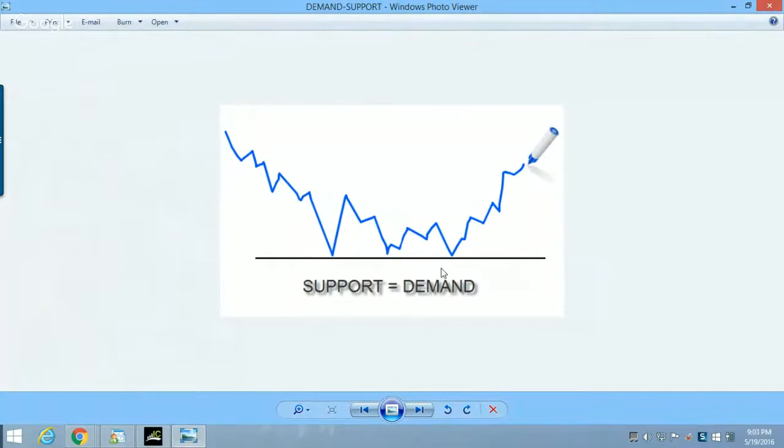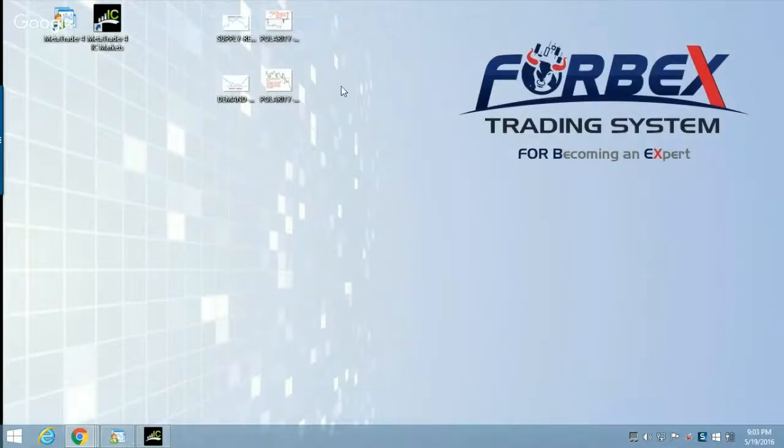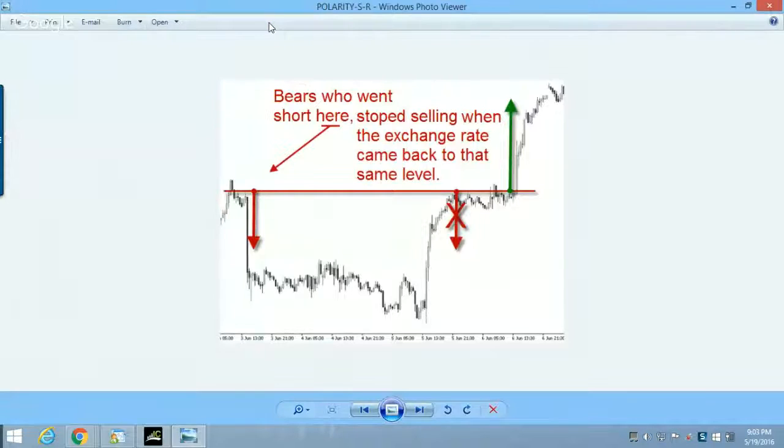A support area is also an area where there is demand for that currency, and from that point the market moves upwards. Of course, there are moments when a support area is broken and becomes resistance.